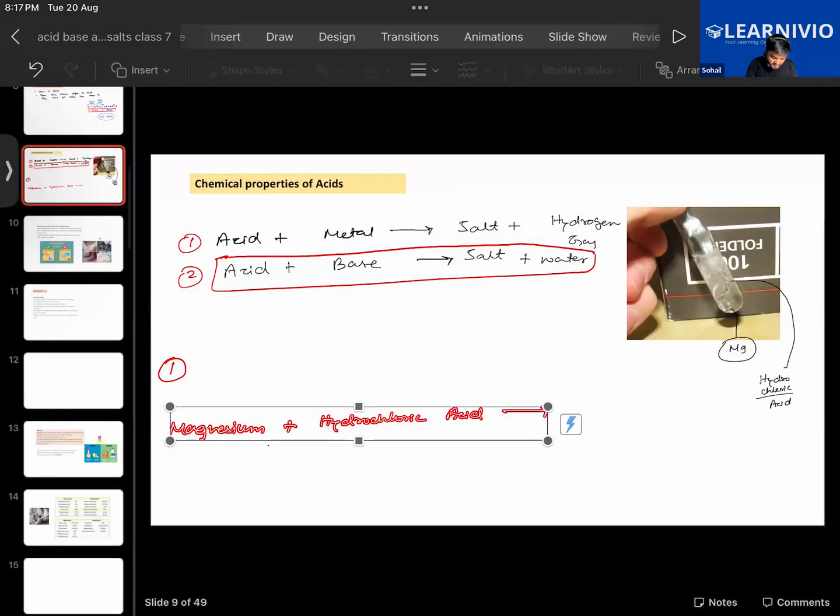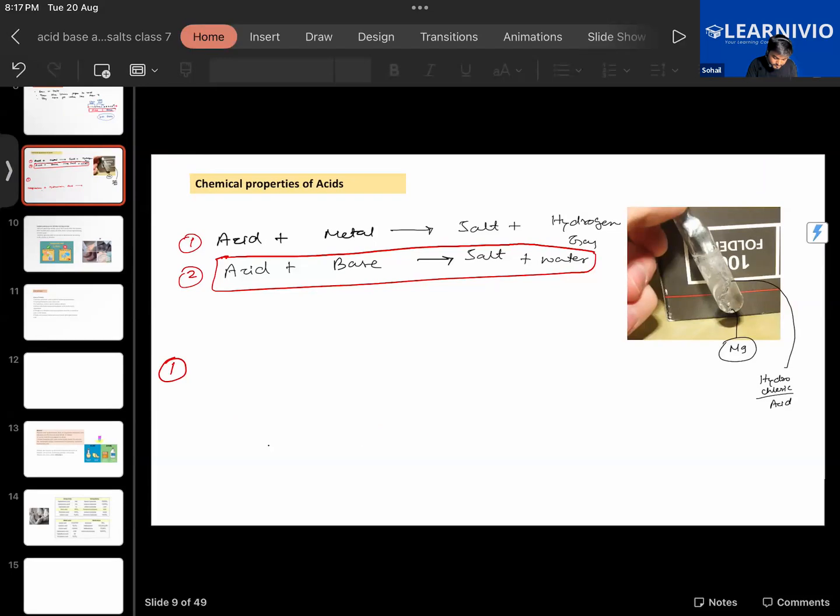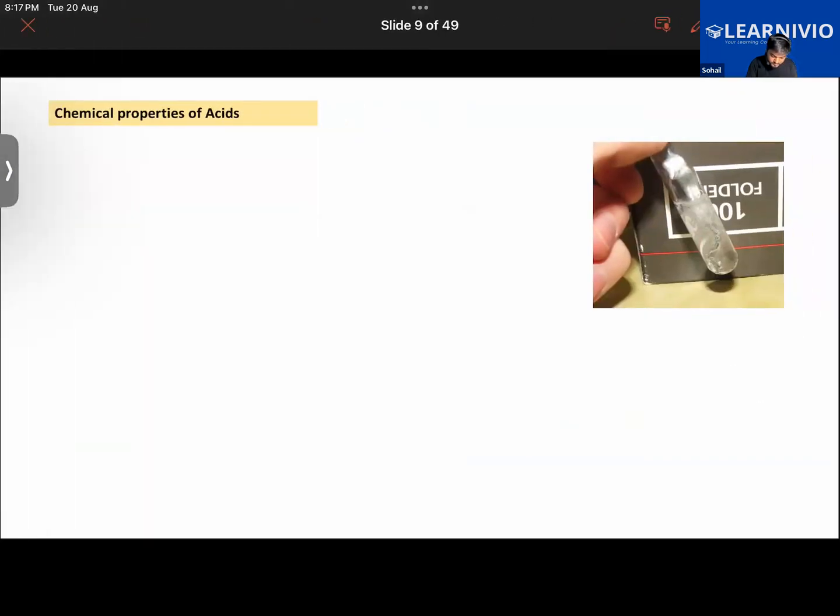Okay, so far, what are the properties we have learned? Let me just sum it up for you guys: the chemical properties of acids and the physical properties of acids. First we learned that acids react with metal to give salt and hydrogen gas.